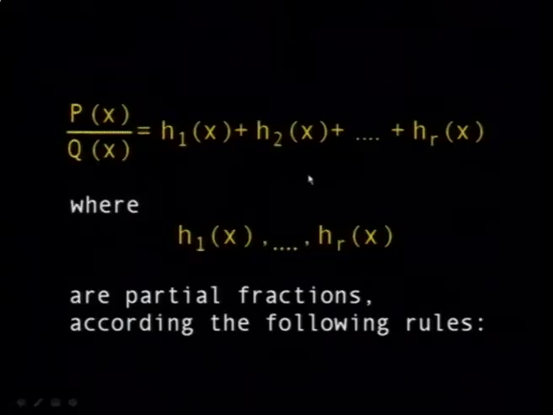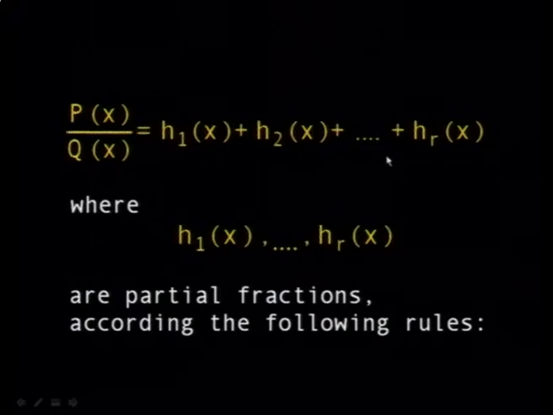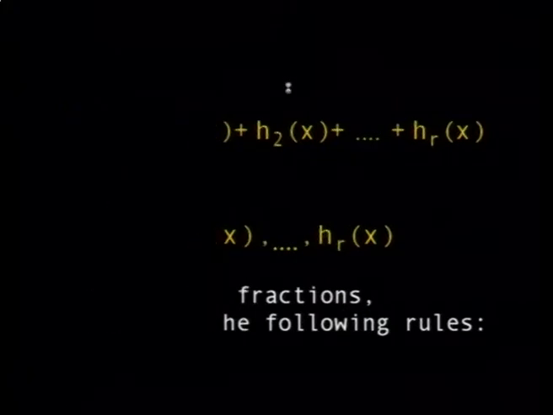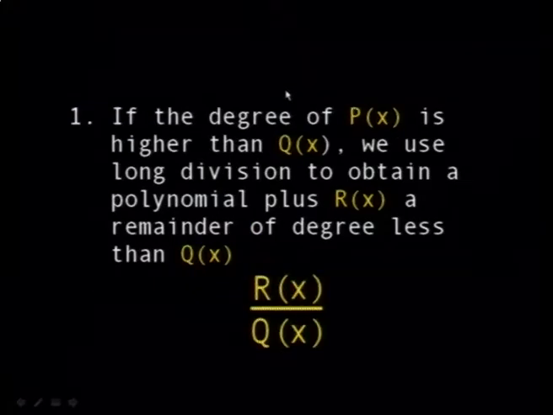So each one of them, or the sum, is called partial fractions, because there is no single fraction, but there are many fractions, and your original fraction here is decomposed into a sum of fractions. So what you do is that you have to check the following. There are some rules for doing this. This is a theory, of course, that we have to follow.